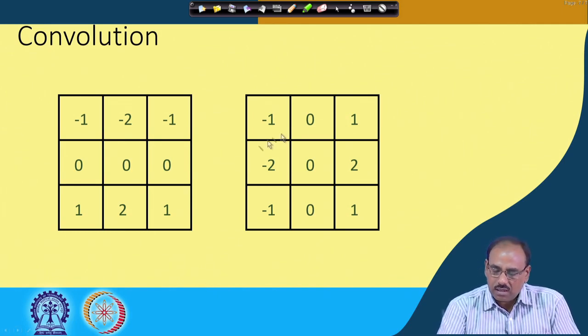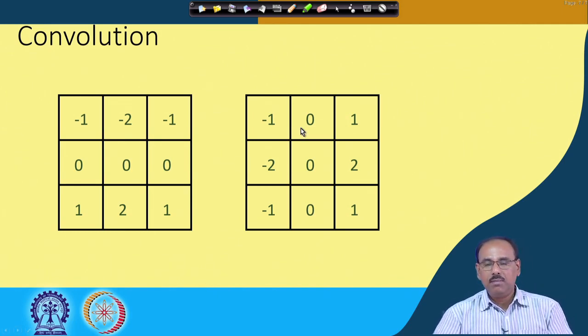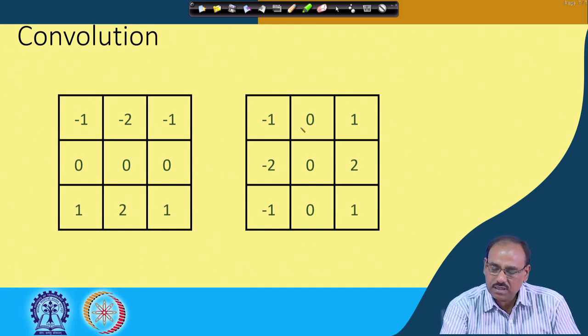These are the two impulse responses of a linear space invariant system, and when your input signal, or an image, is convolved with these two, what output do we get? Now, before that, let us see what the characteristics of these two impulse responses are.